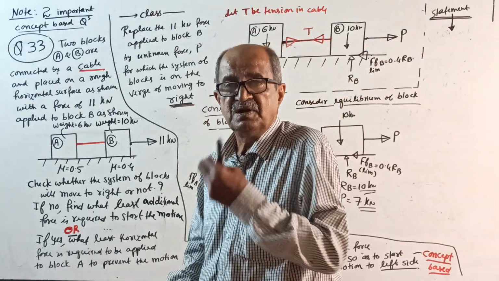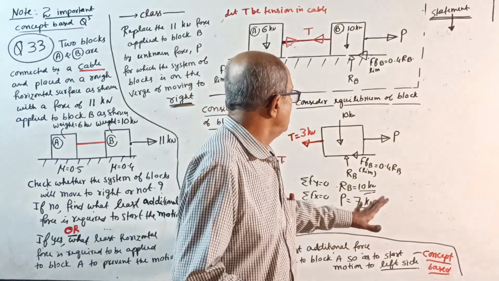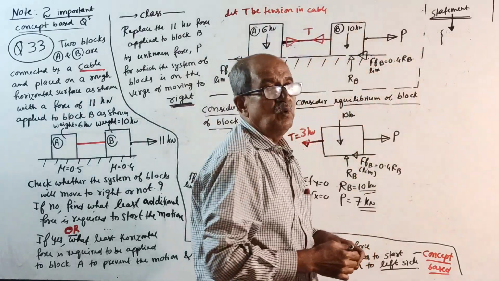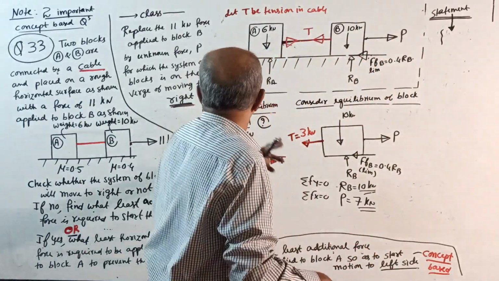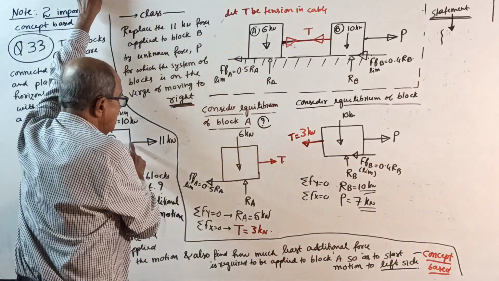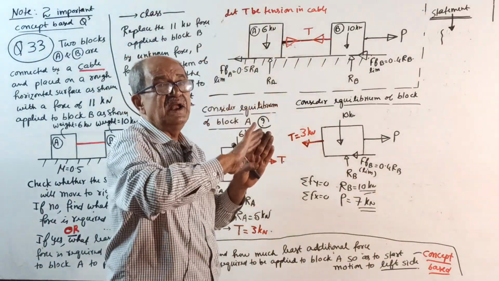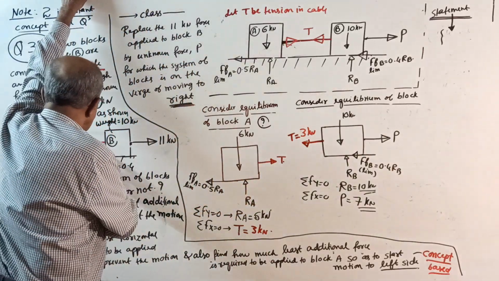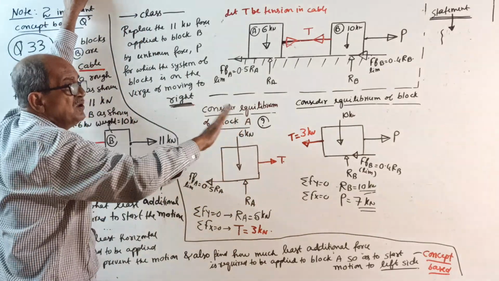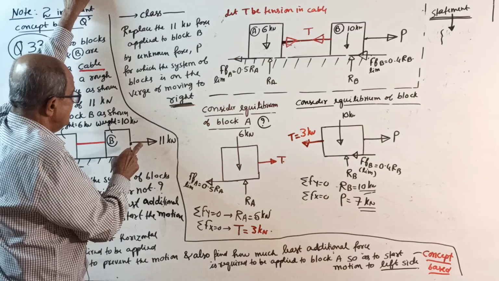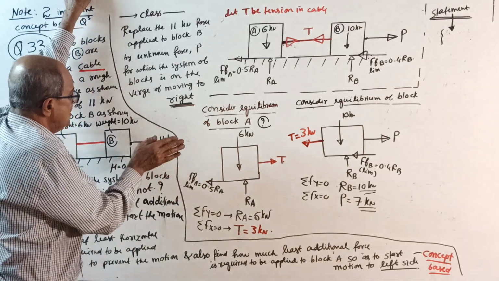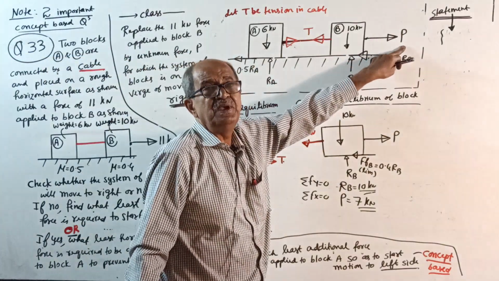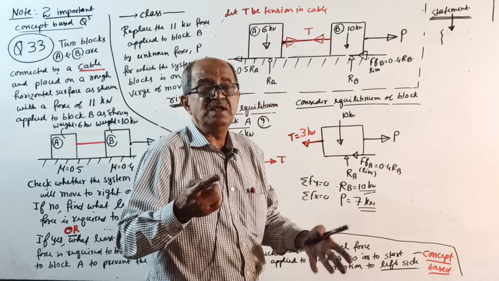Now, continue the statement. What all I dictate, you should write. The force applied to block B is 11 kilonewton to the right side. And we are asked to check whether the system will move to right or not. For that, what we have done, we removed 11 and in that place, we put an unknown force P, which will just start moving.